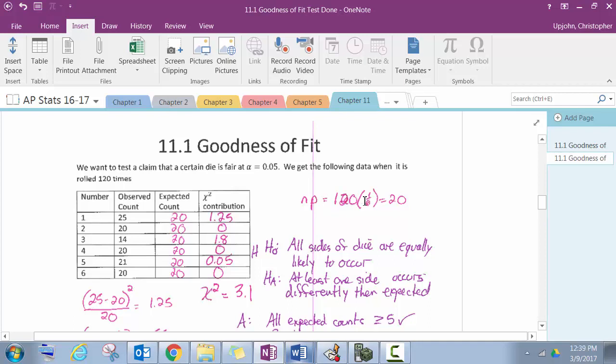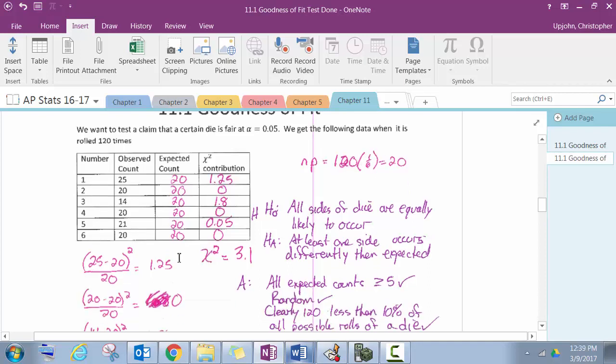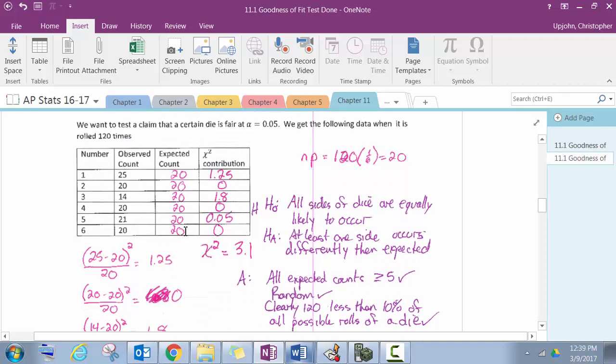P is 1/6. The probability that we get each one of the numbers is 1/6. So 1/6 times 120 is 20, and that's how we got these numbers. Then we do observed minus expected squared divided by expected, and that is going to be our chi-squared contribution, because the sum of all of those is our chi-squared value, our test statistic.